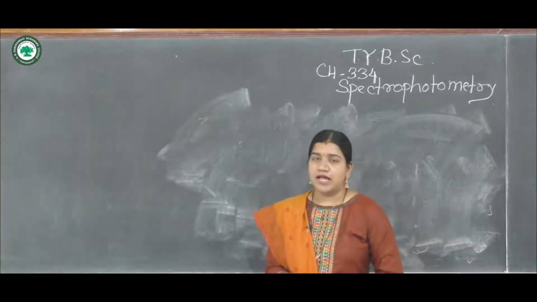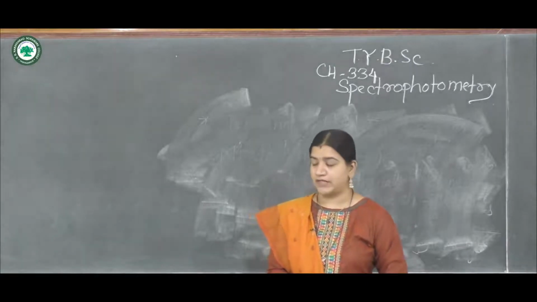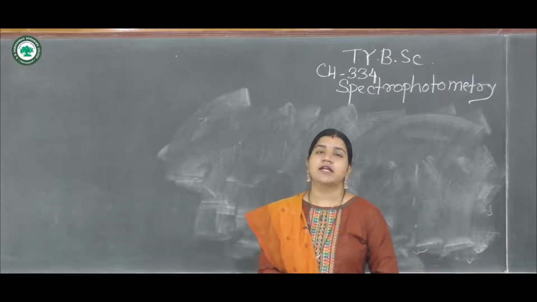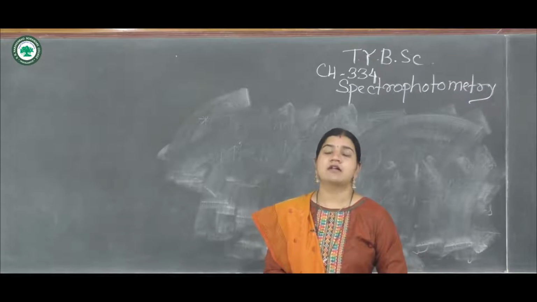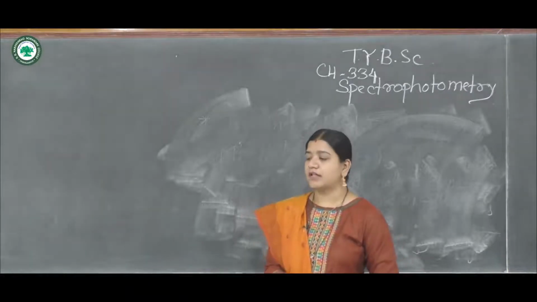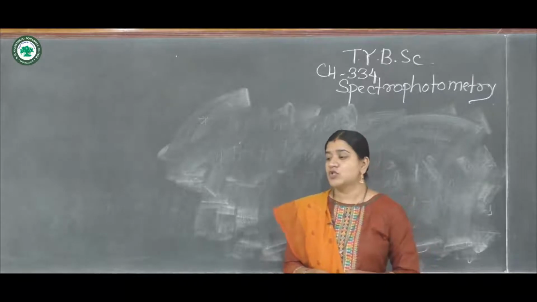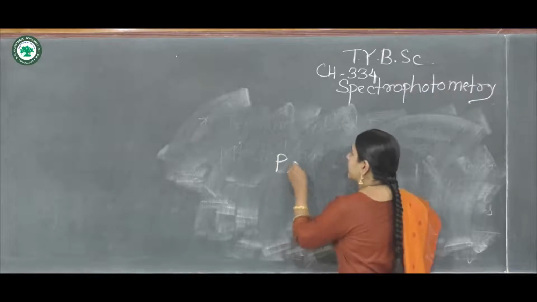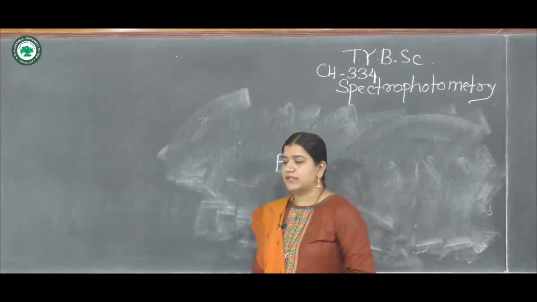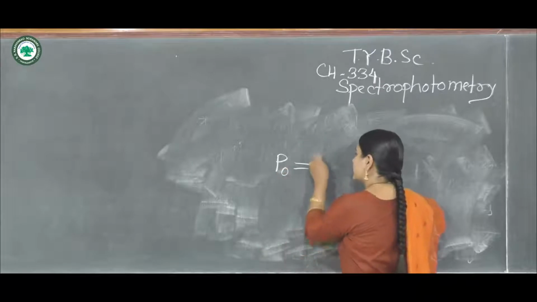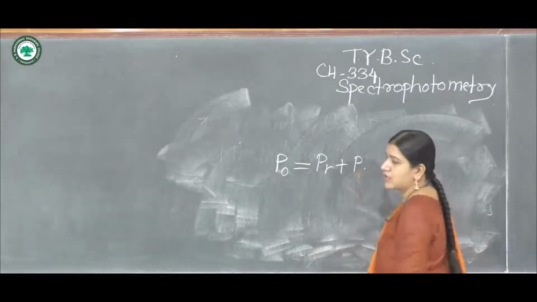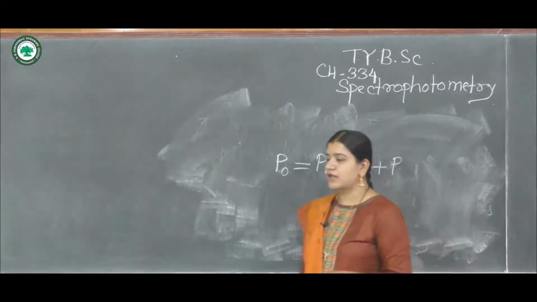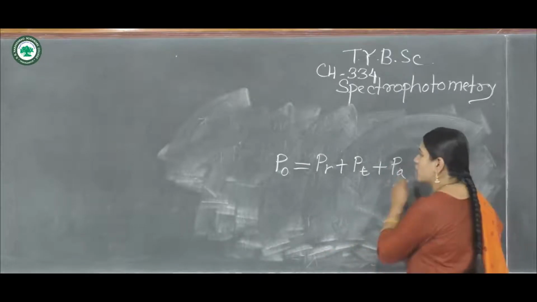When a monochromatic light is incident on any medium, a part of the light is transmitted, a part of the light is absorbed and a part of the light is reflected. So P0, the amount of incident light, is equal to PR plus PT plus PA.